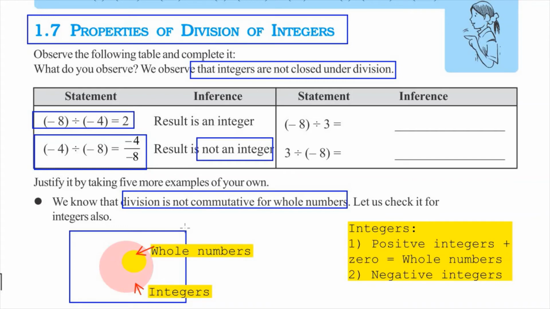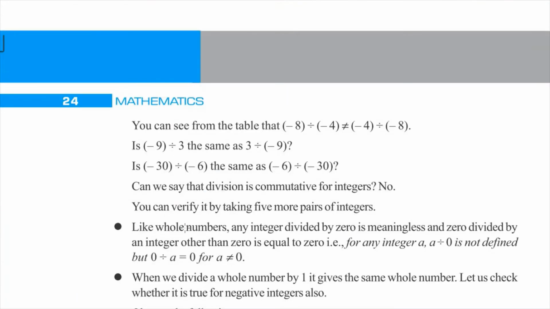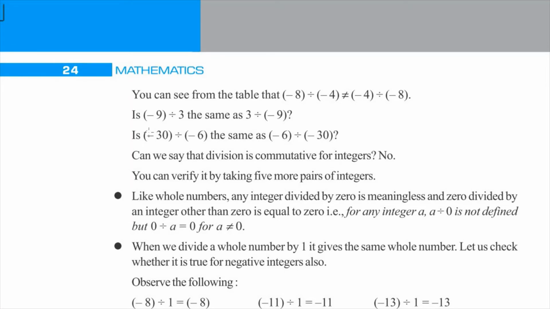Let us check if division is commutative for integers. So taking the same example as the previous case where we saw that integers are not closed under division, you can see that minus 8 divided by 4 is not equal to minus 4 divided by minus 8.